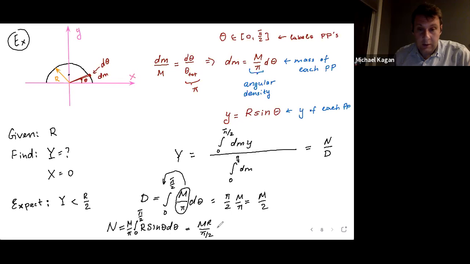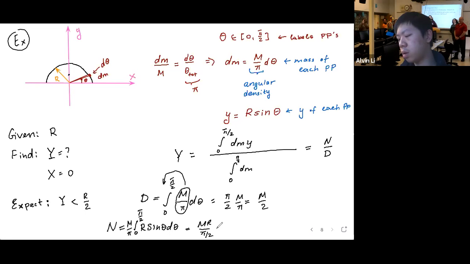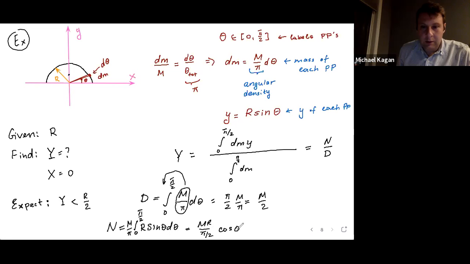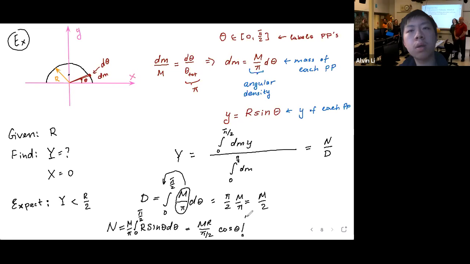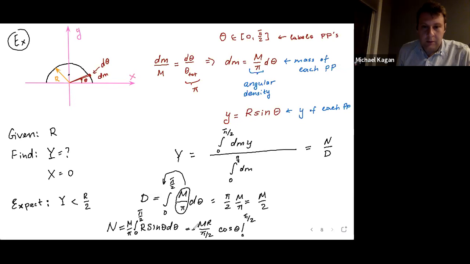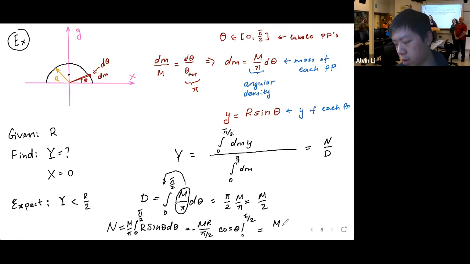And then when you substitute from 0 to pi over 2, what do you get? Cosine theta from 0 to pi over 2. Oh, it's just 1. Just 1, exactly.